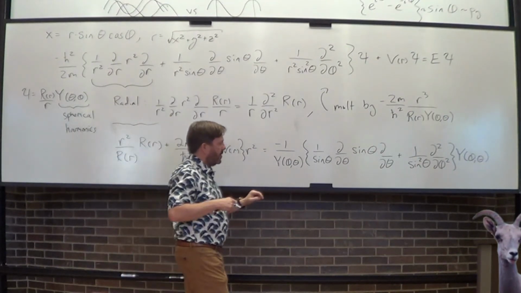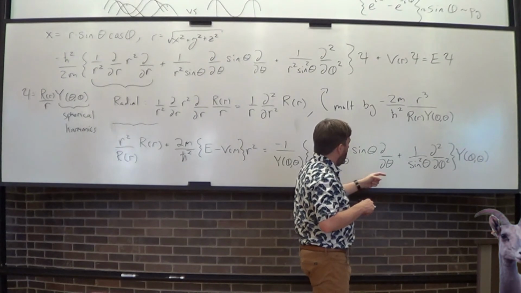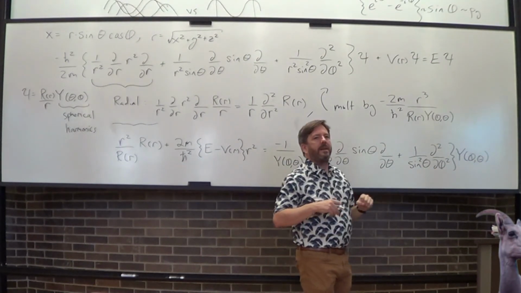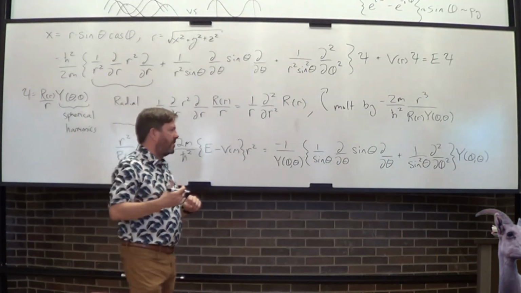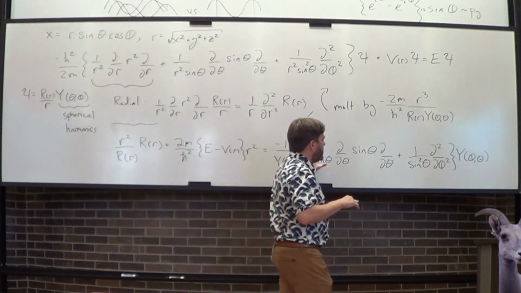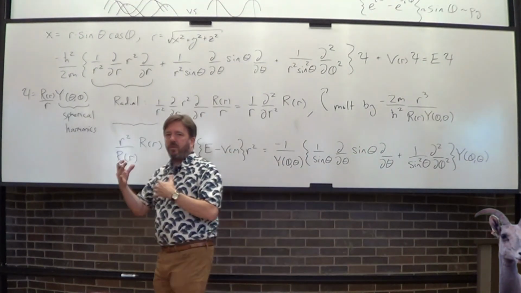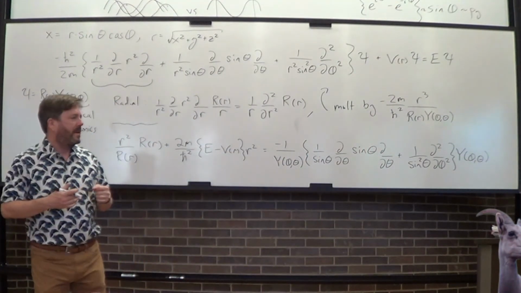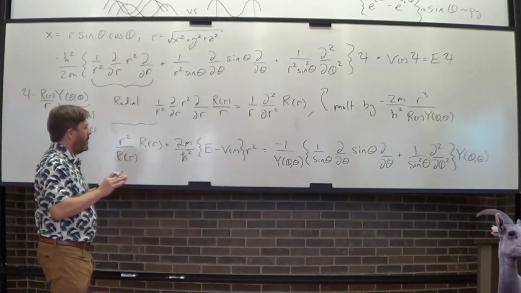The first thing you do is assume that the phi part is still e to the i m phi. If you make that assumption, then you can figure out the theta functions, and the two together are the spherical harmonics. I don't want to spend any more time on that.